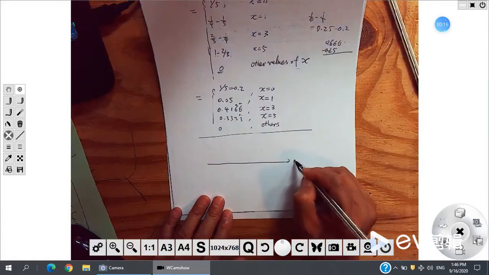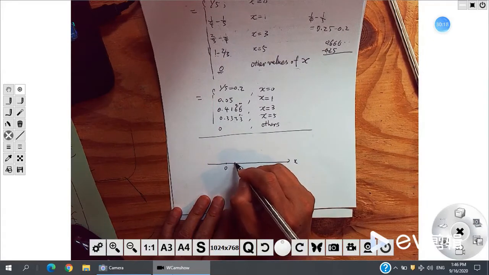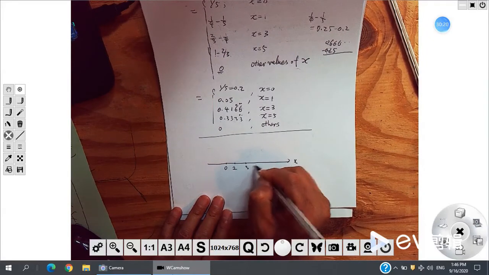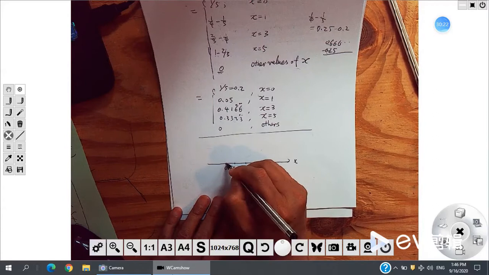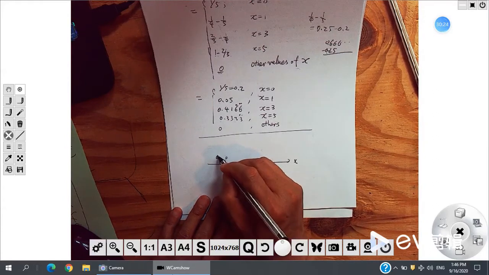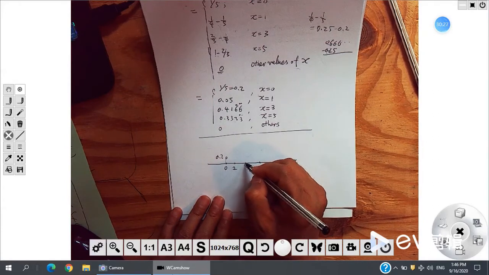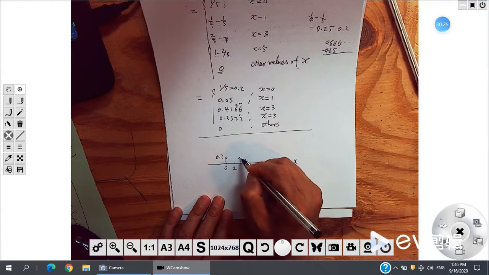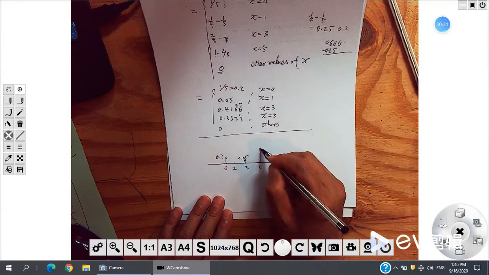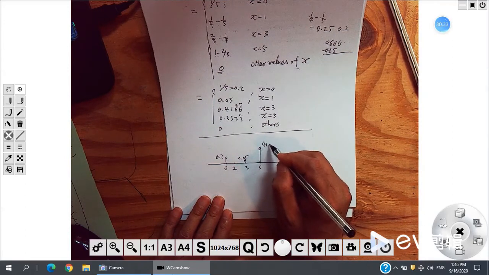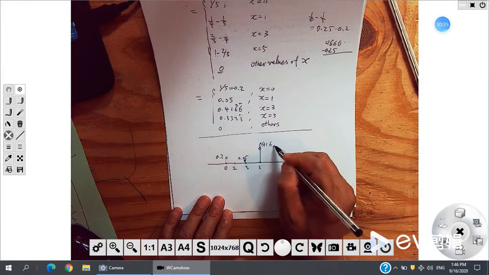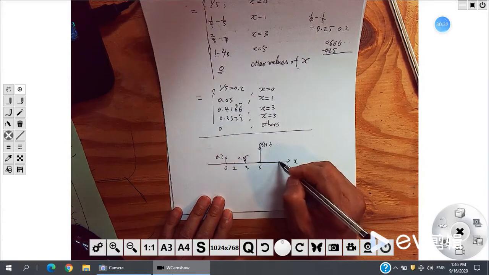This is x equal to 0, 1, 3, 5. Here the value is 0.2, then a small value 0.05, and 0.416 and so on.